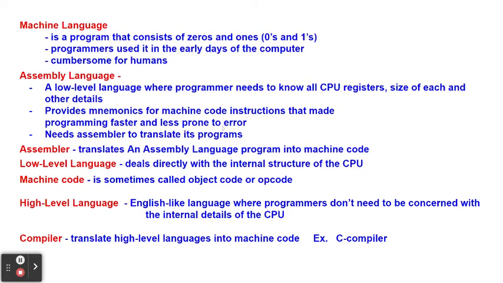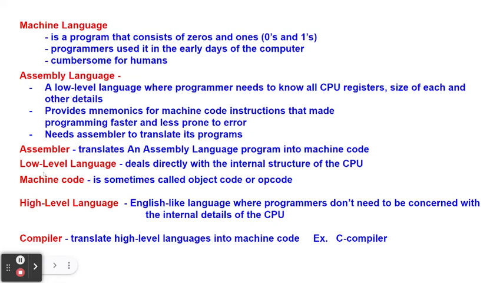It means that the possibility of making mistakes when writing zeros and ones in our programs is reduced, because instead we will be writing mnemonics for our machine instructions. The assembler is used to translate an assembly language program into machine code.